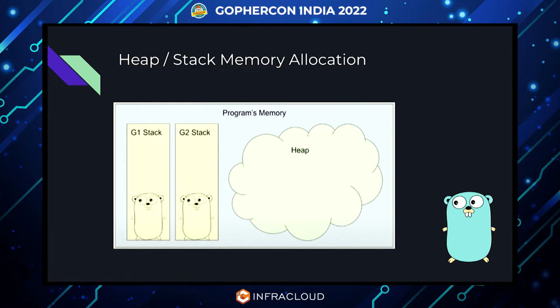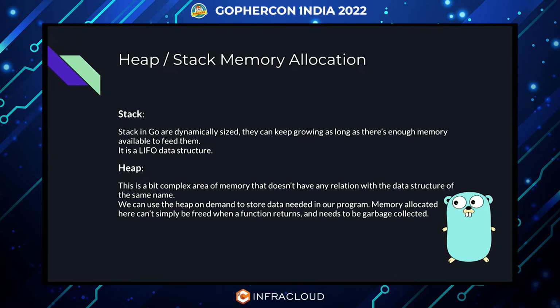The stack is dynamically sized in Go. Whenever a Go routine starts, it has a stack size of 2 KB, and it keeps growing dynamically as and when required. It also works as a LIFO data structure.